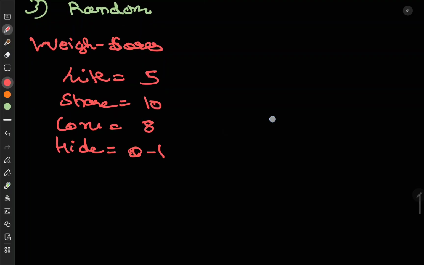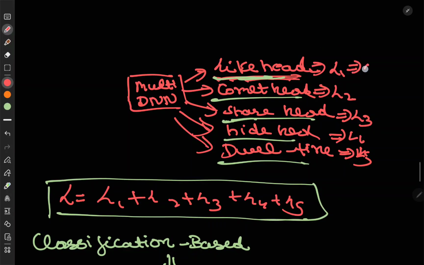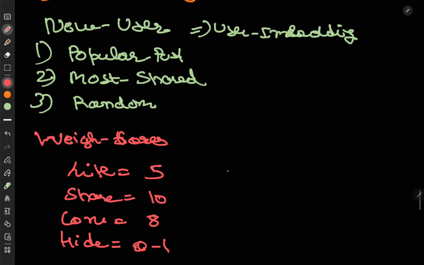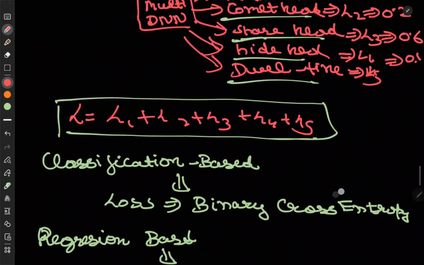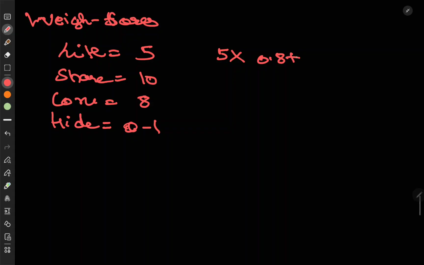So for example, let's say our model gave like probability as 0.8, comment probability as 0.2, share probability as 0.6, hide probability as, let's say, 0.1. So what we can do is 5 into 0.8, plus 0.2 into the comment score 8, plus 10 into whatever was the share probability, and then we can get a final score.